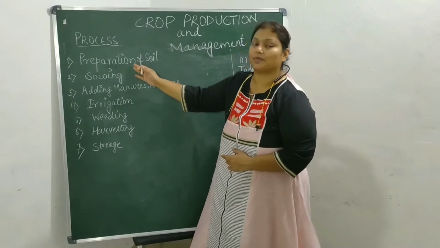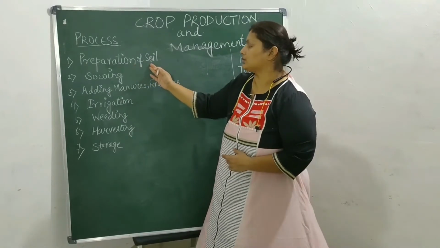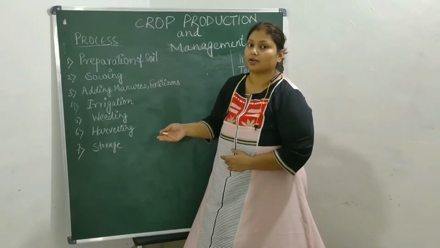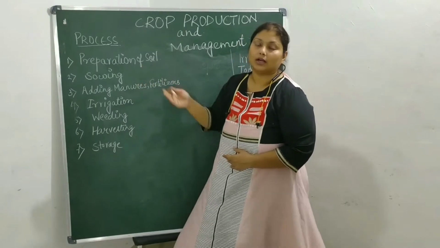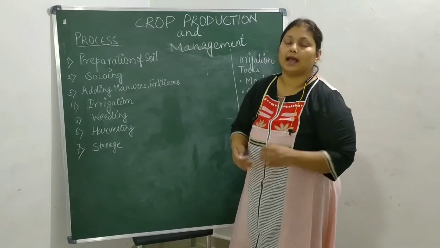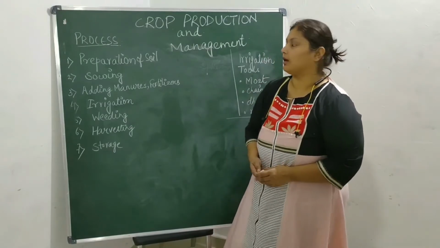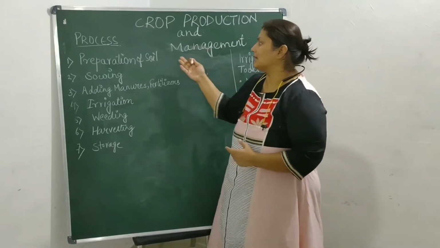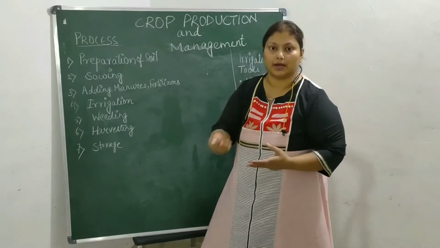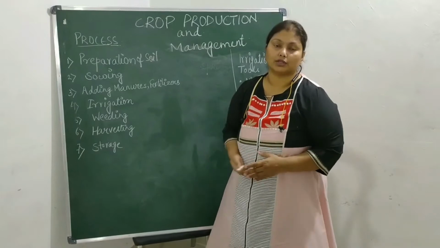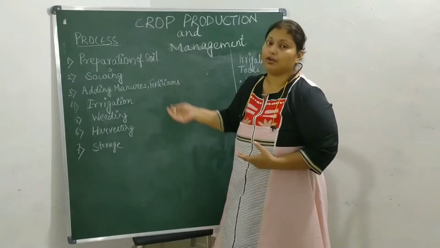The first step is preparation of the soil. We earlier discussed this step number 1. What is done in the preparation of the soil? Preparation of the soil is very simple: to level the soil, to turn the soil, plowing of the soil, and leveling of the soil.